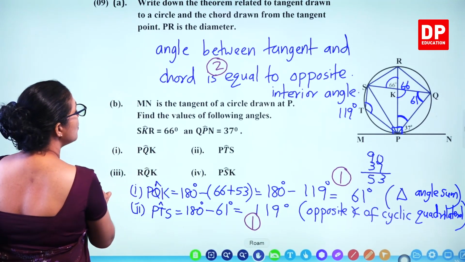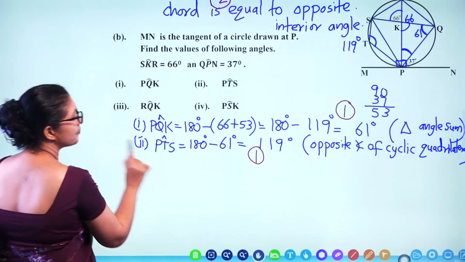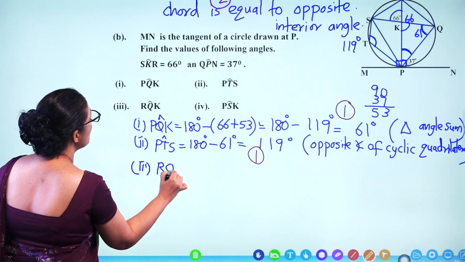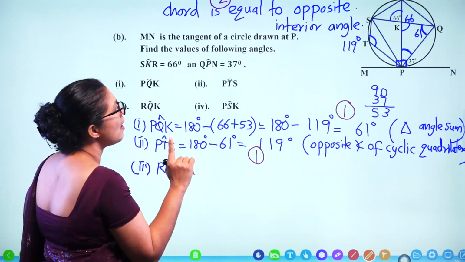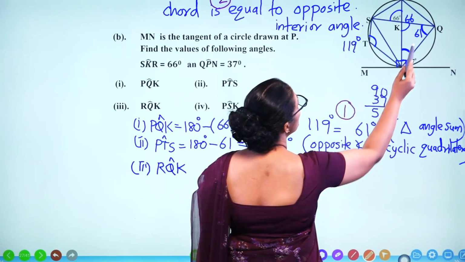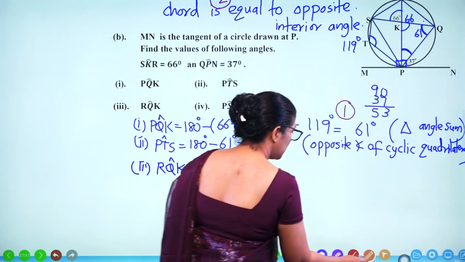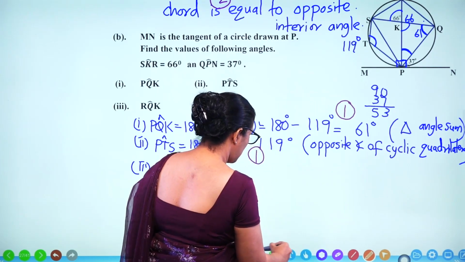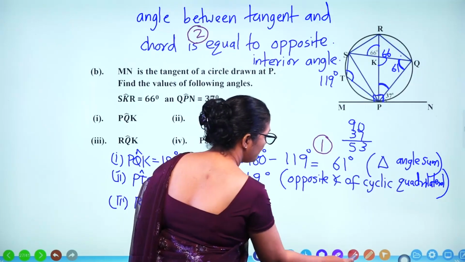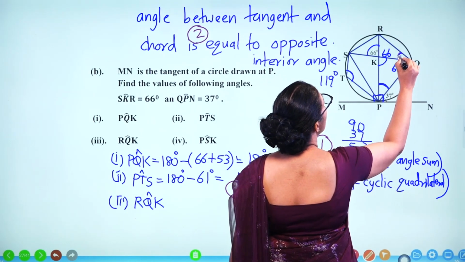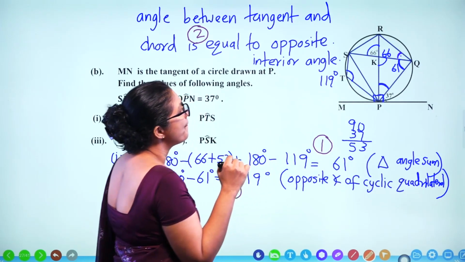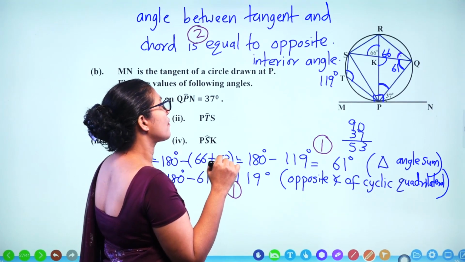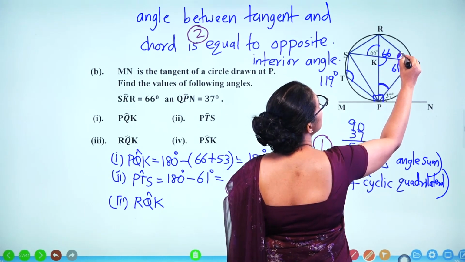So we'll do the third one, RQK. This angle. How can we find that one?